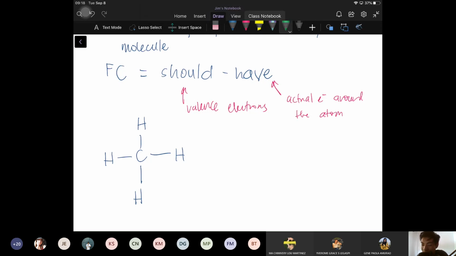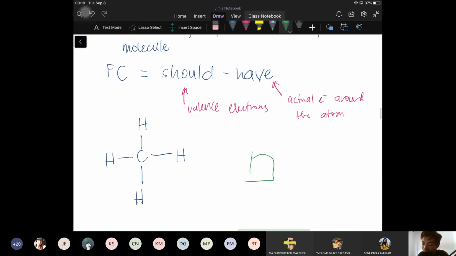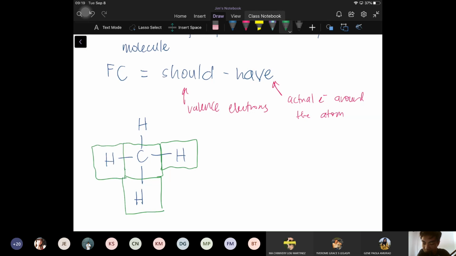So, paano magdodraw ng boxes? Edi ganun lang. Ayan. Pero, when you draw boxes around the atom, you should cut the bonds. Puputulin mo yung mga dapat putulin. Again, when you draw boxes, you cut the bonds, ha?